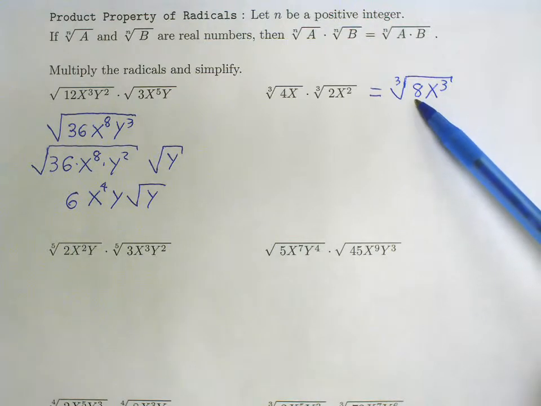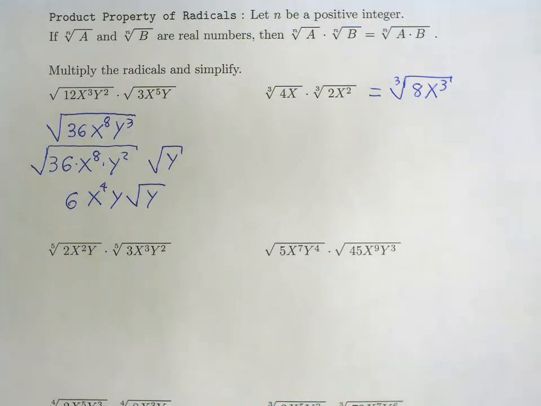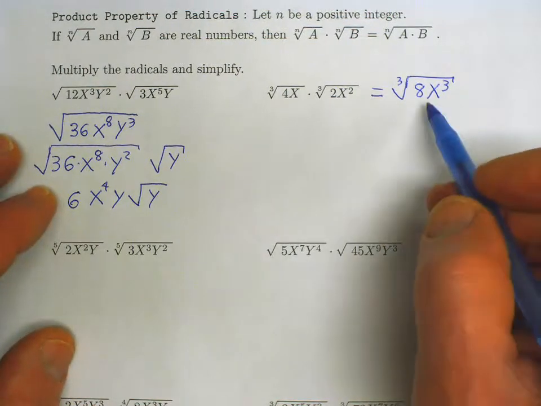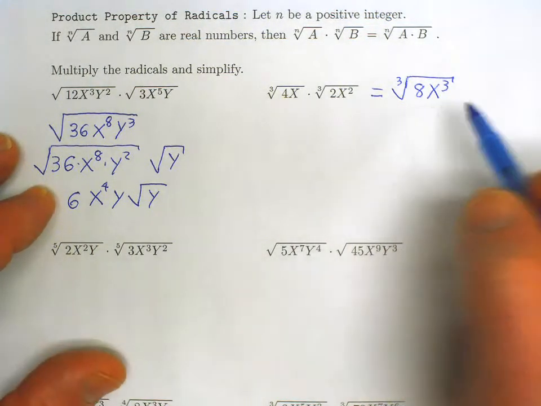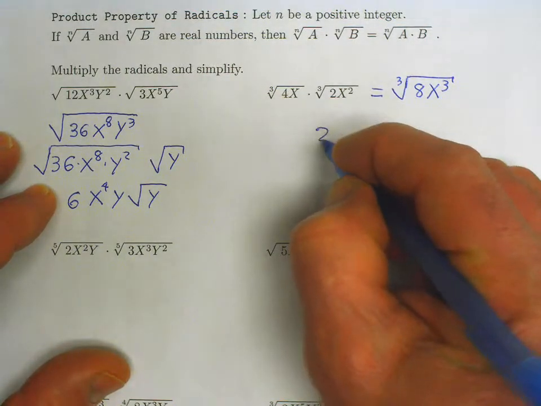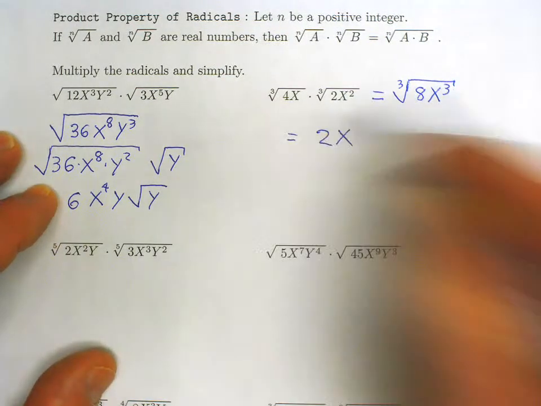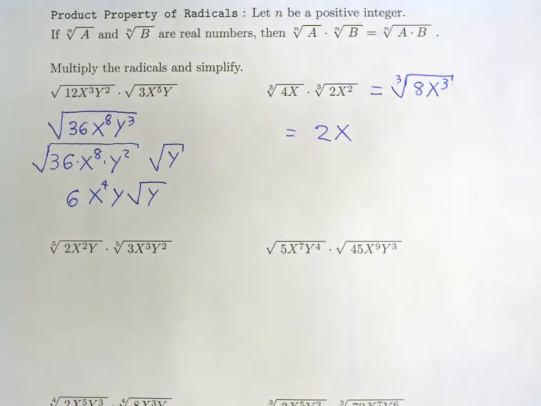And note that 8 is a perfect cube, and x to the 3rd is also a perfect cube. So we can write down what the simplified answer is immediately. The cube root of 8 is 2, and the cube root of x to the 3rd is x. So 2x is the simplified answer to that one.